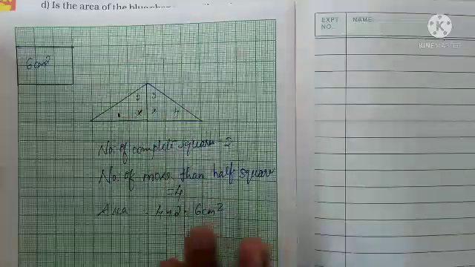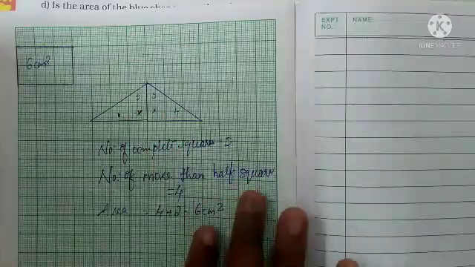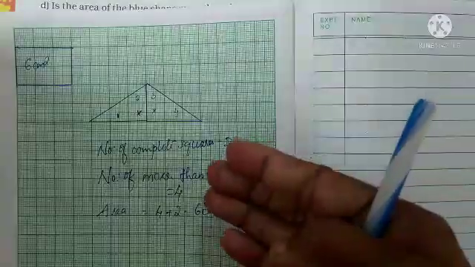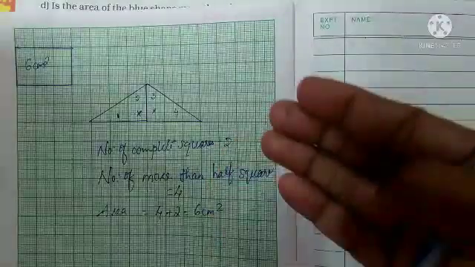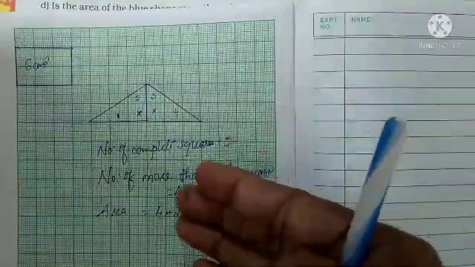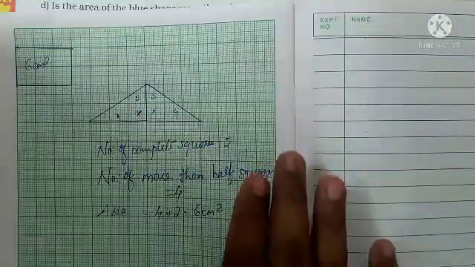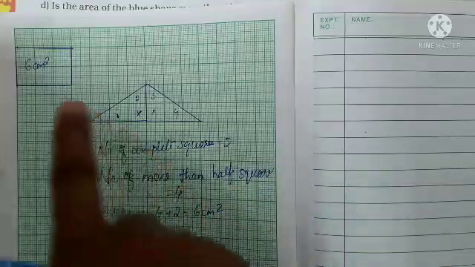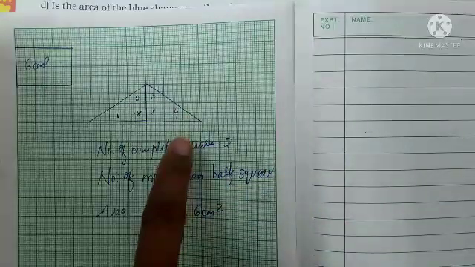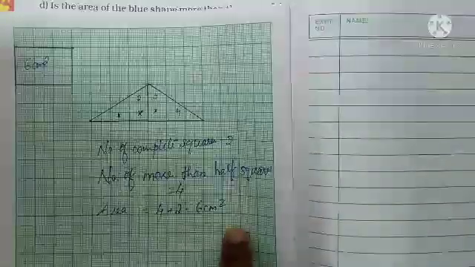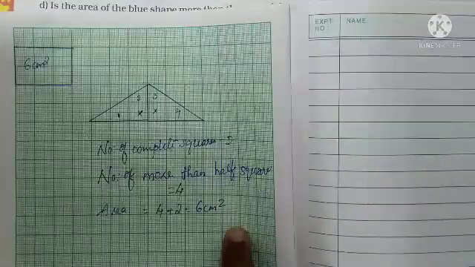The area comes nearest to 6 square centimeter. Sometimes it is nearer to a number greater than 6, and sometimes nearer to a number lesser than 6. Okay. So here also we get 6 square centimeter, and here also we get 6 square centimeter. So it's equal.